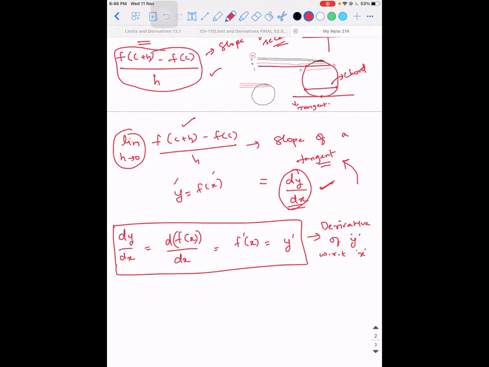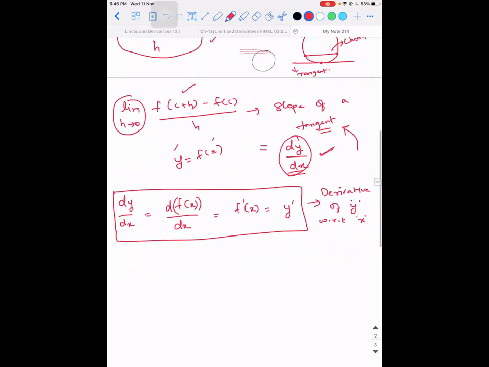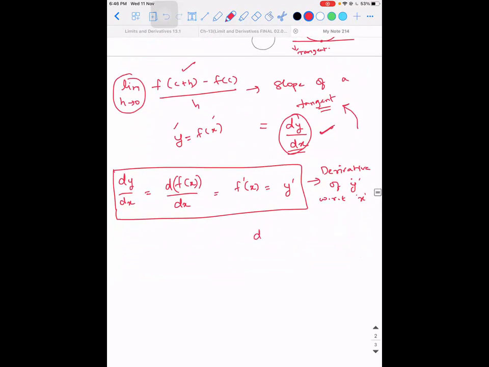Whichever value you give decides the value of y. So whichever value you are free to substitute is called an independent variable. So when you write dy by dx, you're finding the derivative of a dependent variable with respect to an independent variable. That is how you need to look at it.